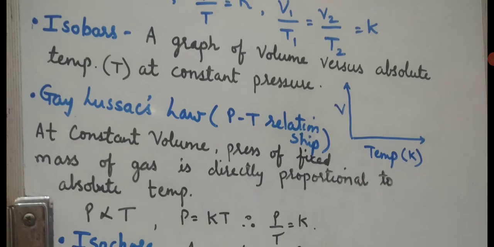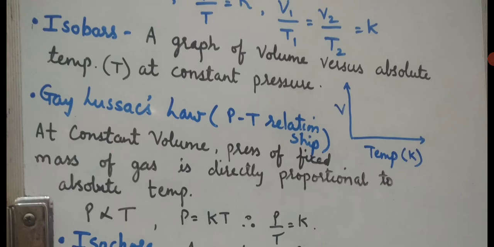Next is Gay-Lussac's law. This law gives the relationship between P and T, that is pressure and temperature. So P and T are the two terms; what will be constant? It will be volume. It says that the pressure of a fixed mass of gas is directly proportional to absolute temperature, that is temperature in Kelvin.